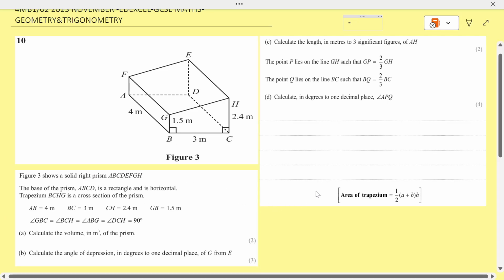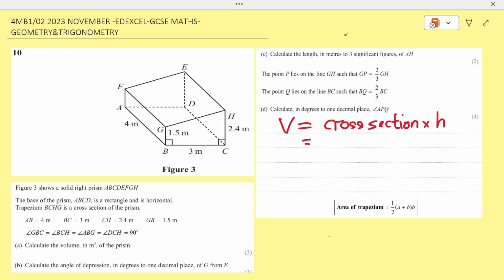So the volume of the prism, volume has the formula of cross section times height. Now the cross section in here is the area of the trapezium, with the formula given down here. So we just have to include the formula. Half times (a plus b), where a and b are the parallel sides of the trapezium, 1.5 and 2.4.